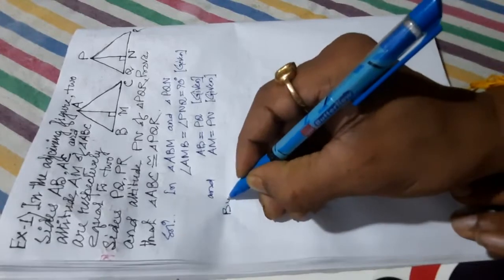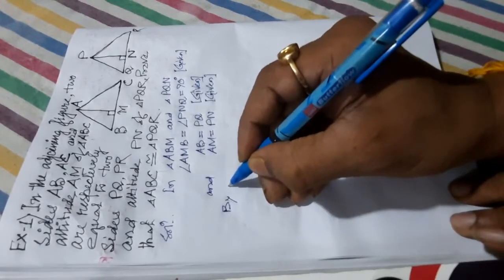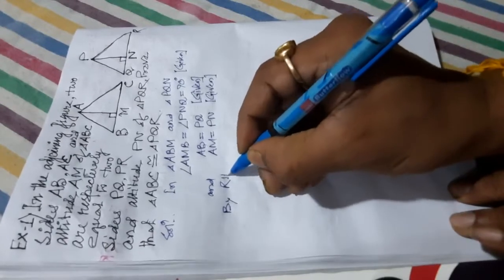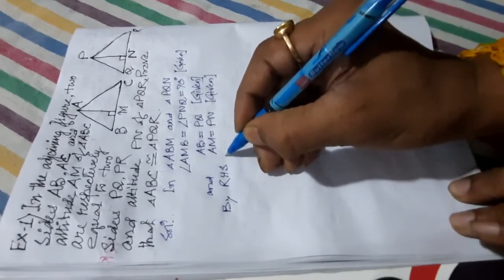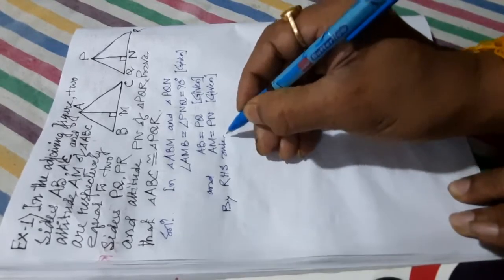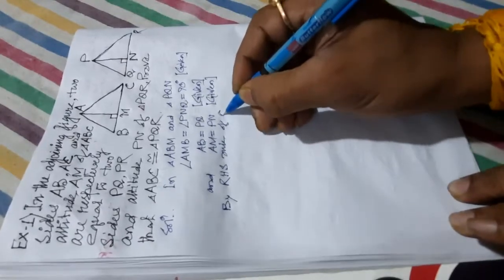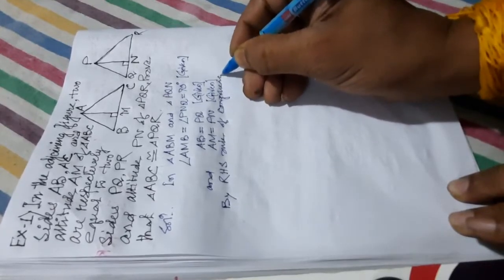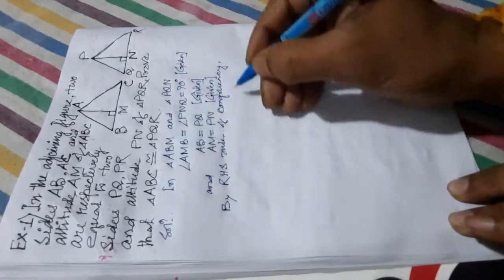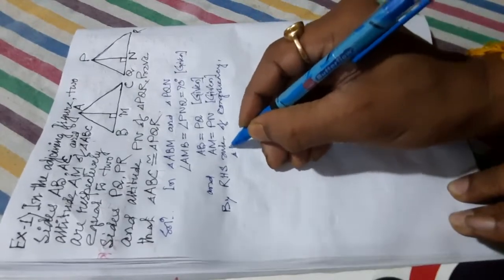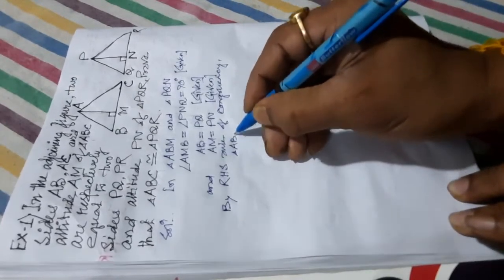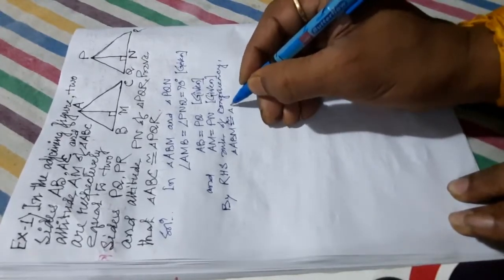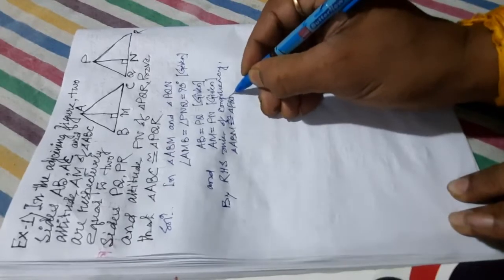By right angle hypotenuse side rule of congruency, triangle ABM is identically equal to triangle PQN.